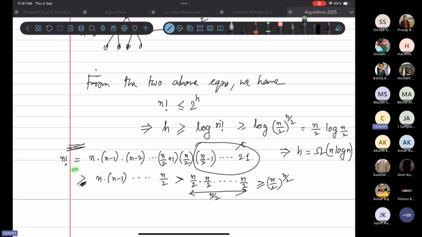I'm just playing with some inequalities. Some terms I'm throwing away and then I'm replacing. So h always has to be some constant multiple of n log n, right? So this is the lower bound for comparison based sorting algorithms. Okay, I hope you got this. So that completes the proof here.